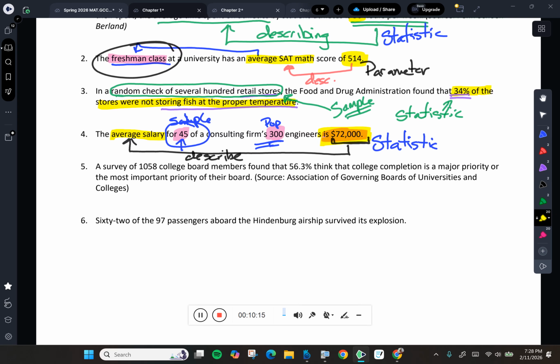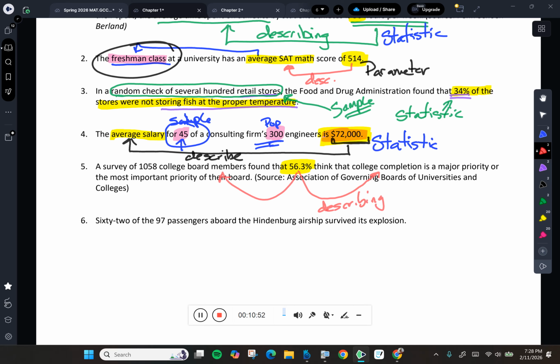Problem number 5 reads, a survey of 1,058 College Board members found that 56.3% think that college completion is a major priority or the most important priority of their board. Right? All right. The 56.3% is attempting to describe something. It's describing the portion of the people who believe that college completion is a major priority. So it's describing that aspect of the board members' beliefs, right?